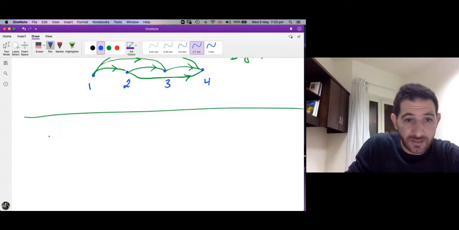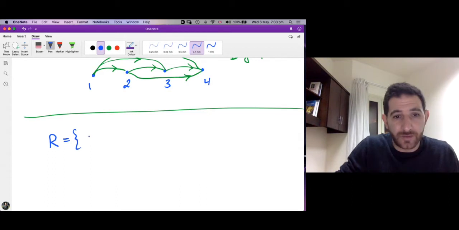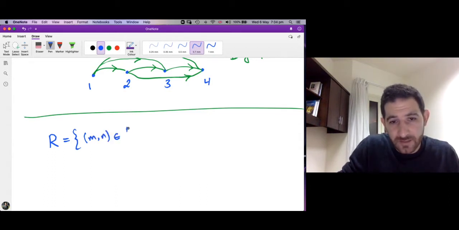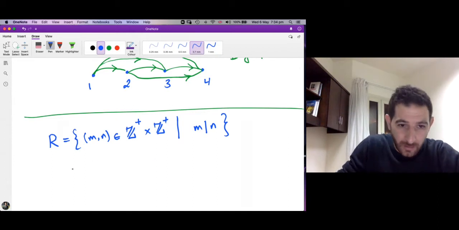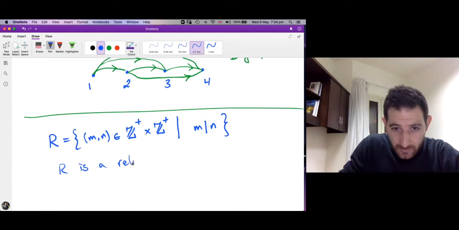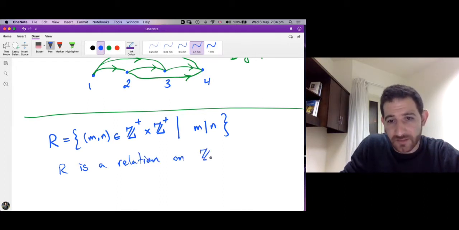What about the relation R, which contains all the pairs (m, n), where this element is a subset of the positive integers cross the positive integers, such that m divides n. So look what I'm doing here. R is a relation on Z plus, on the positive integers.